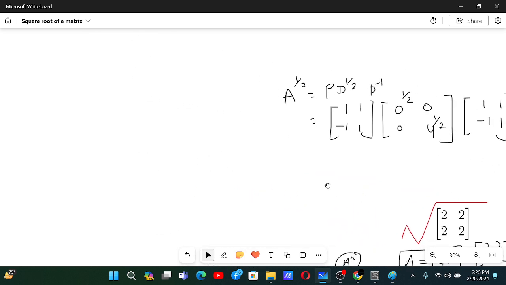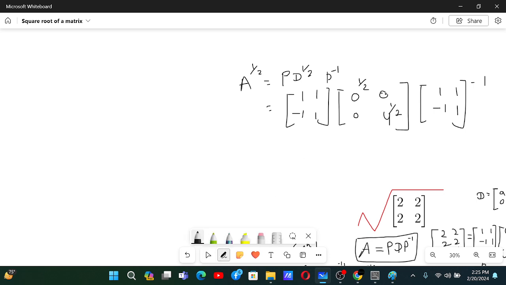Now let's do it here. If you take the square root, what do we have? [1, -1; 1, 1], and then [0, 0; 0, 2]. Now to find its inverse, 1 by determinant, which is 2, and then interchange the diagonal to 1 1, and negate the other diagonal, -1 1.